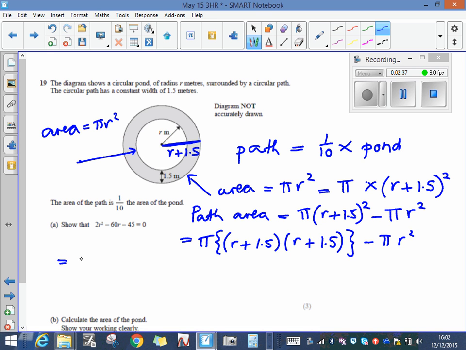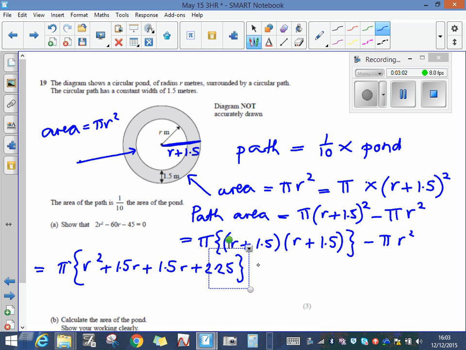So if we work this out, to remove the brackets here, we are going to do r times r, well that's r squared, plus the outer terms, 1.5 times r, that's 1.5r, plus the inner terms, which is another 1.5r, plus 1.5 times 1.5, which is 2.25.